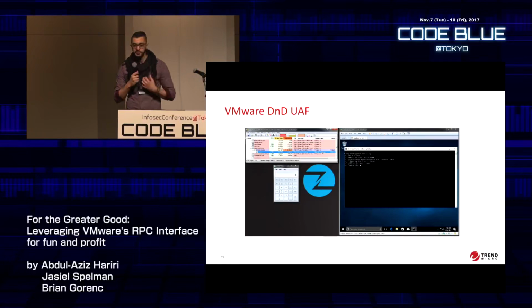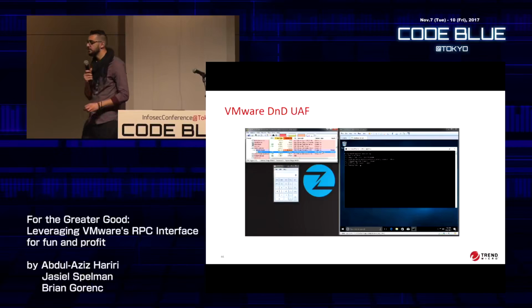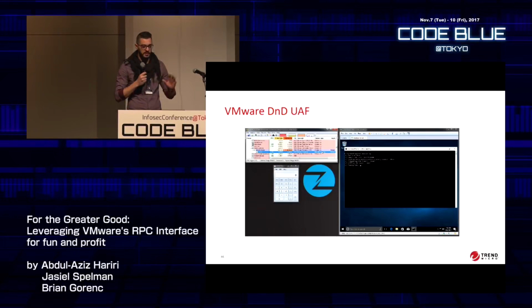And then it would just dump a bunch of memory, and you would be able to leak VMware VMX. That's basically it. For the record, VMware VMX on Windows runs in medium integrity. So if you get code execution in VMware VMX, you basically got code execution in medium integrity.